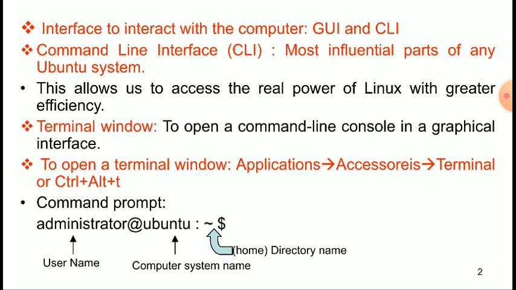The first word in that string of characters is the username followed by the symbol @. The symbol @ is followed by the name of the computer that is being used. Finally, you will find a colon and the name of the directory you are working in. Generally, you start working in your home directory, which is represented by a tilde symbol.